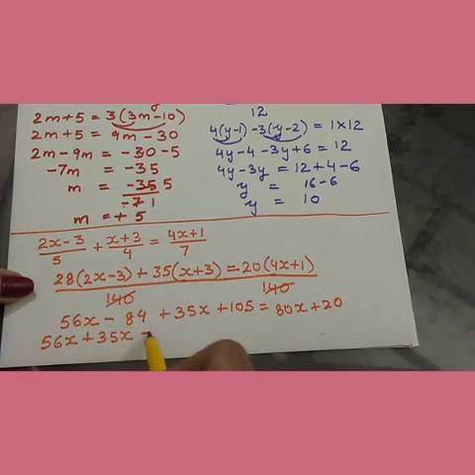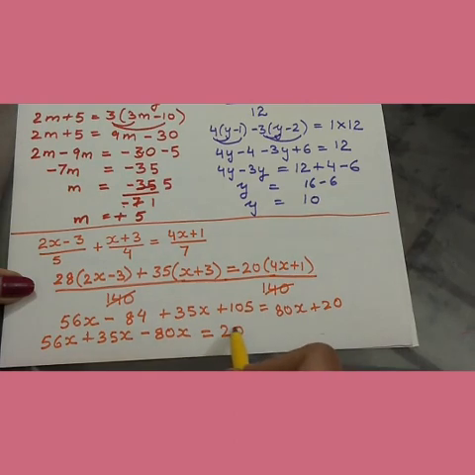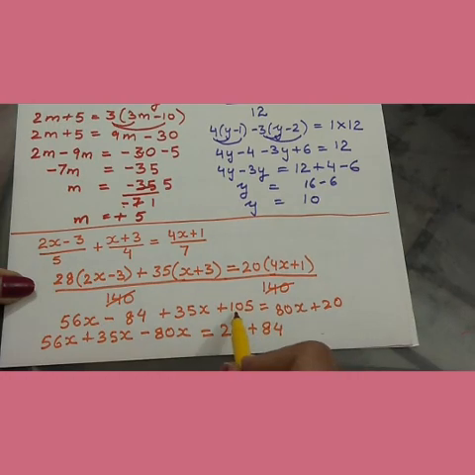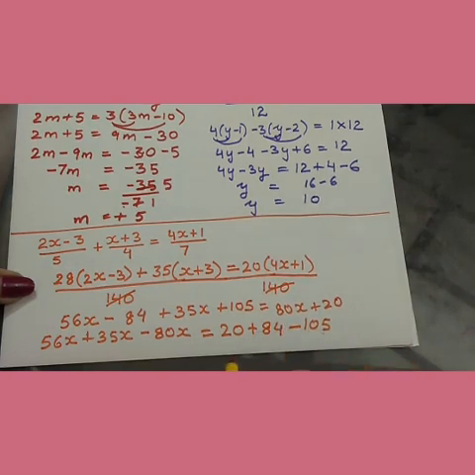This 80x to the right side will become minus 80x, which is equal to 20. This 84 to the other side will become plus 84. This 105 to the other side will become minus 105. After that you are going to solve it as you have solved the other equations.